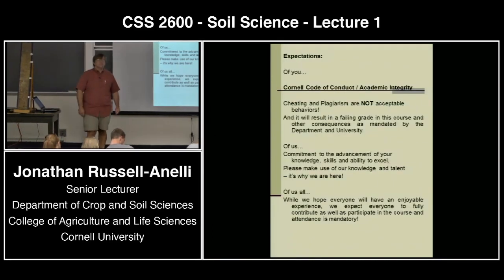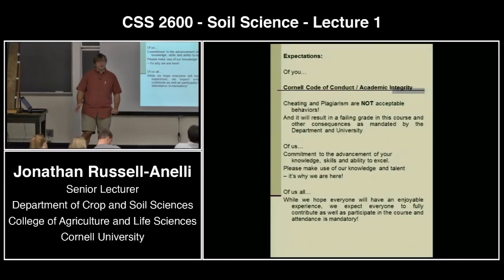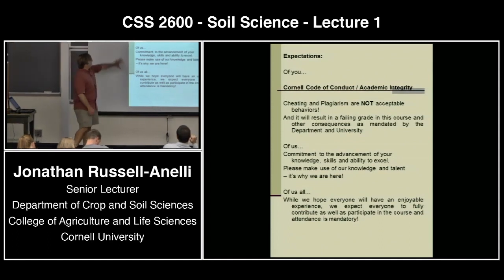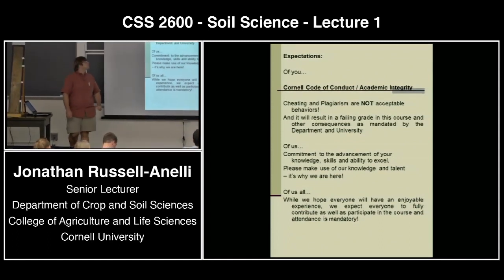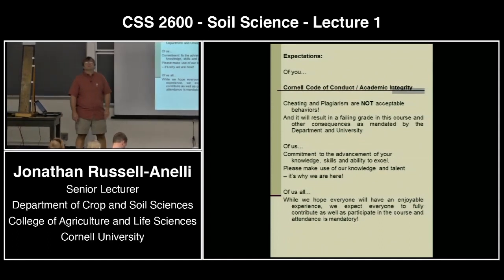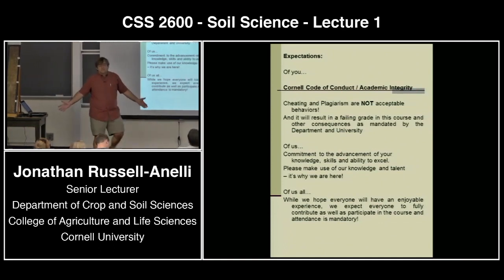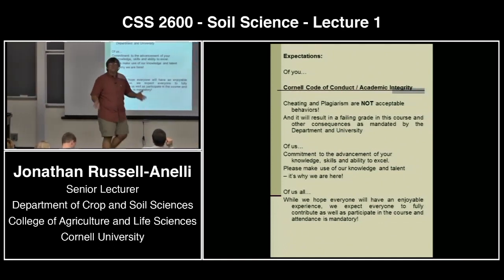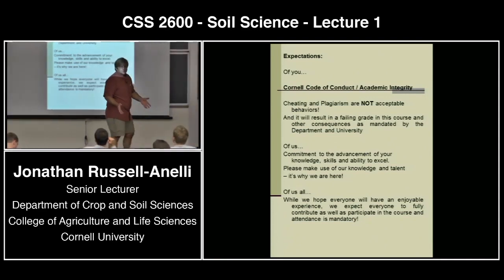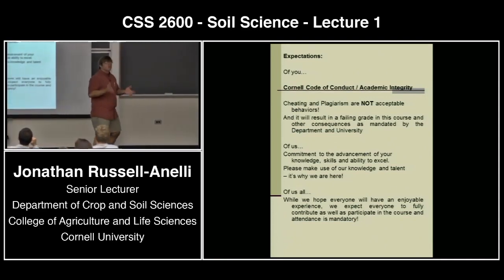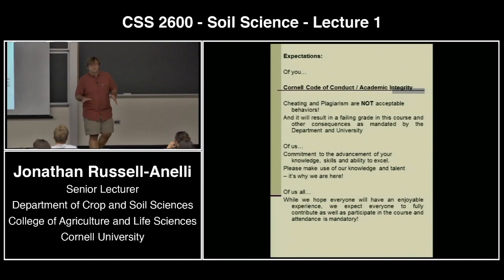Okay, expectations. This is the bad part of the class, right in the beginning. Cheating and plagiarism is not acceptable. If you do it, we will catch you, and you will go straight to the chair and the dean. It's happened in the past.